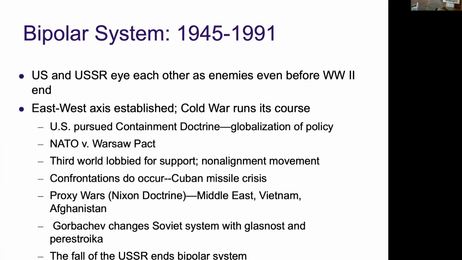Basically the Soviet Union was not capable of keeping up this level of confrontation and the arms race. And Gorbachev changed the political system with Glasnost and Perestroika, and therefore it did not get resolved by external conflict, but rather by internal change.